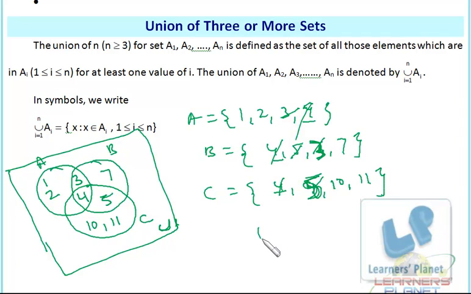This U over here is A union B union C, that means all the elements of A, B and C are there. Some elements are common between A and B, some between B and C, and some are common among A, B and C, all of them. So this is how we fill up the Venn diagram. We'll be taking problems based on Venn diagrams, then it will be better cleared in your mind.